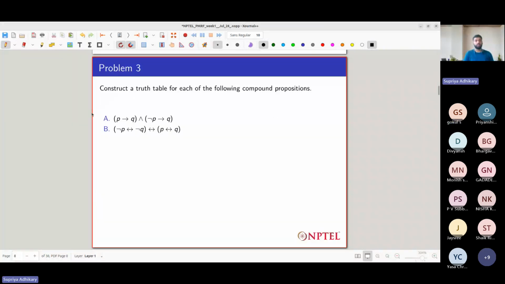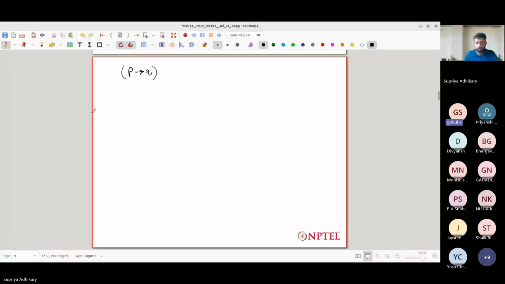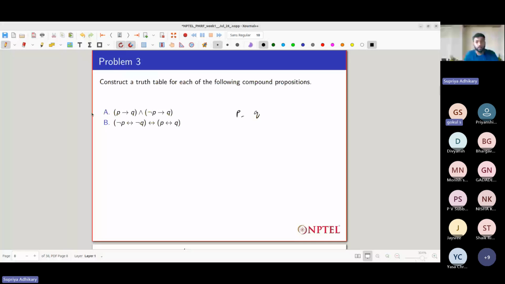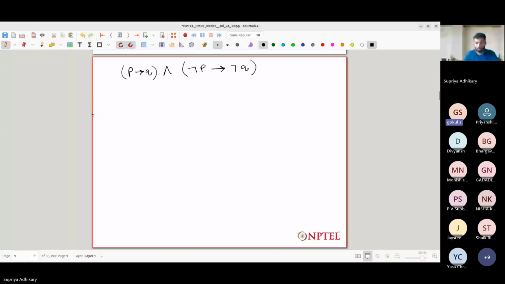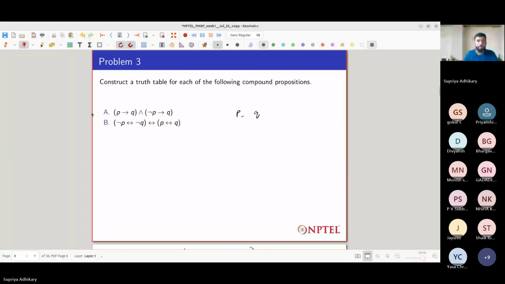So let's get to this problem. We have to construct a truth table for this compound proposition. We have these propositions over here, and we have to find the corresponding truth table. There are basically two propositions, P and Q. So let's try the first case, which is P implies Q. Sorry, implication only Q. Okay.